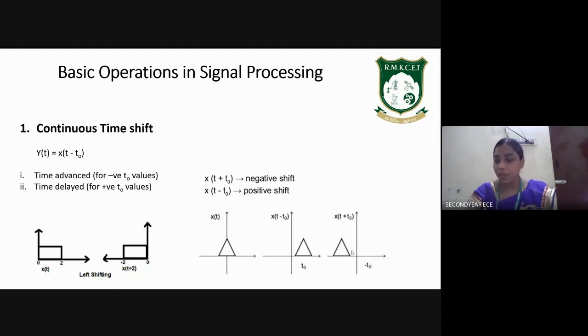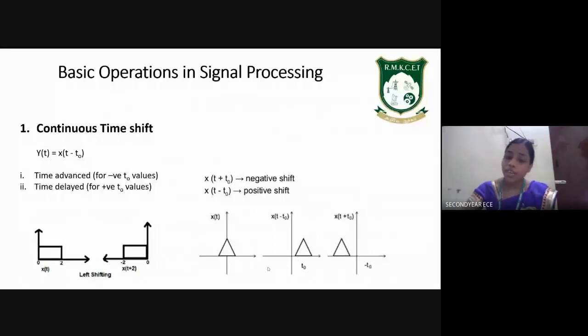Before t equal to 0 we are getting the signal, so we can call it advanced.